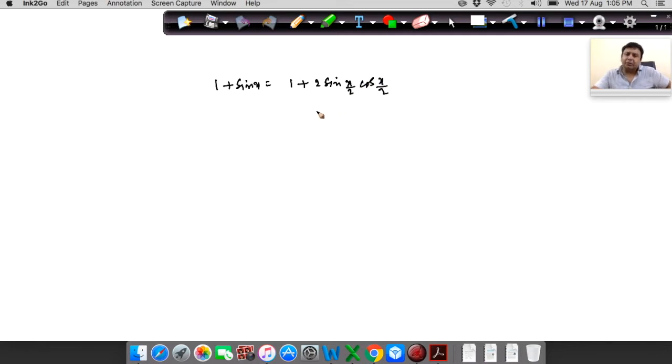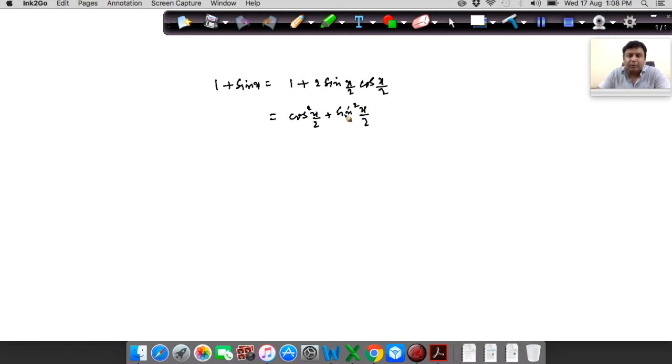I have explained this concept in inverse trigonometry as well, if you recall. And because this is looking like 2ab, what I'll do, I'll change this one as cos square x by 2 plus sin square x by 2.